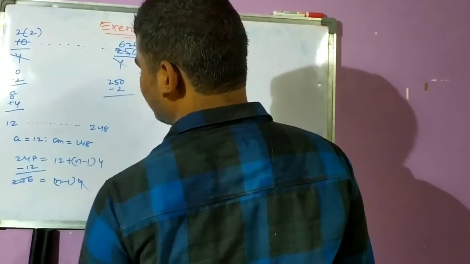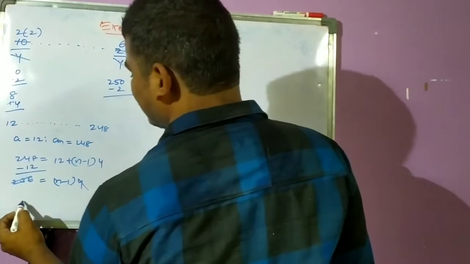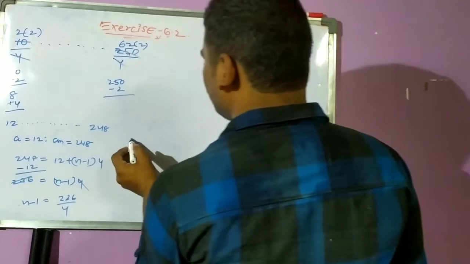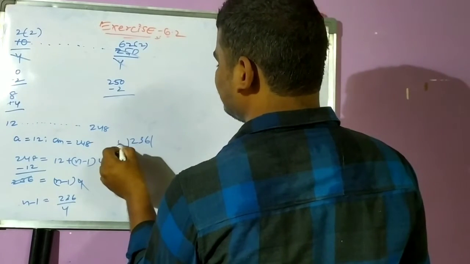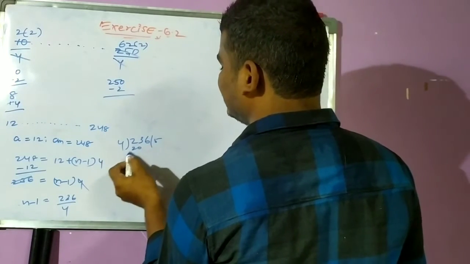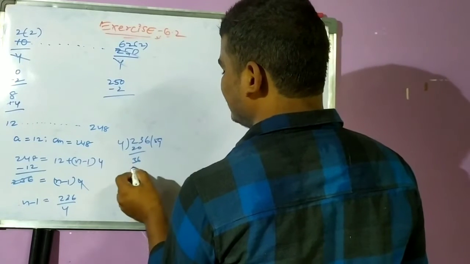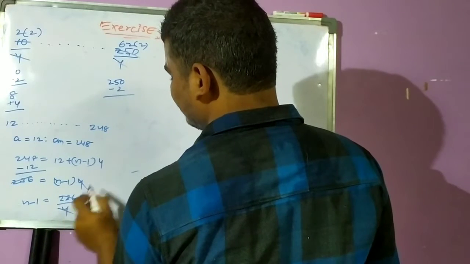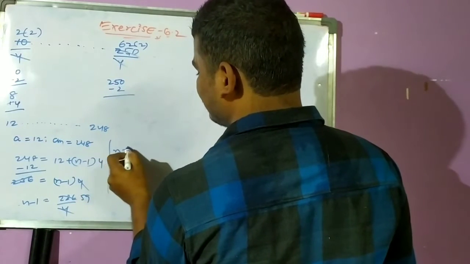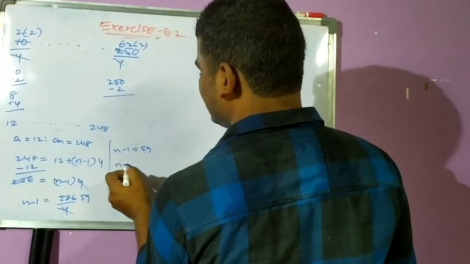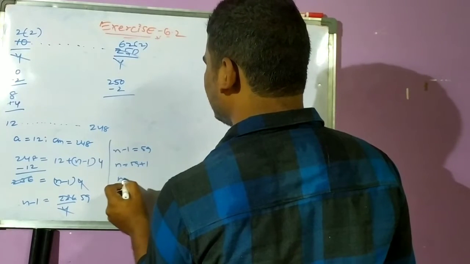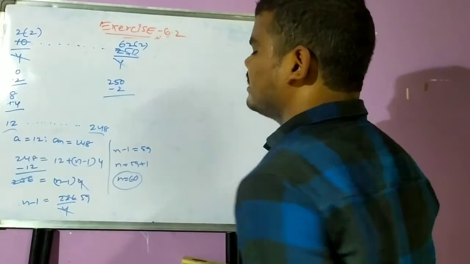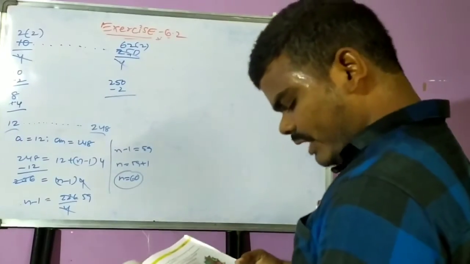So n minus 1 is equal to 236 by 4. 236 is divisible by 4: 4 fives are 20, 4 nines are 36. That means 59, and n minus 1 is equal to 59. n is equal to 59 plus 1, so n is equal to 60. There are 60 terms between 12 and 248.